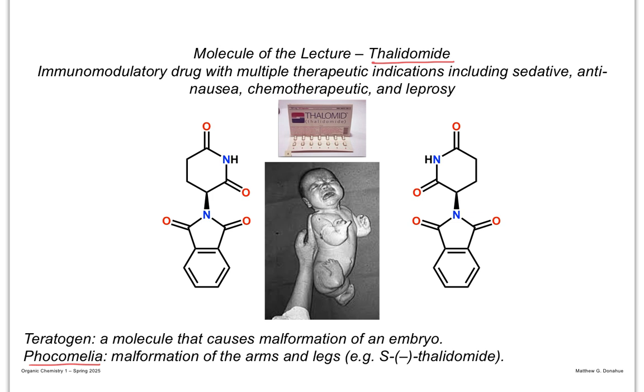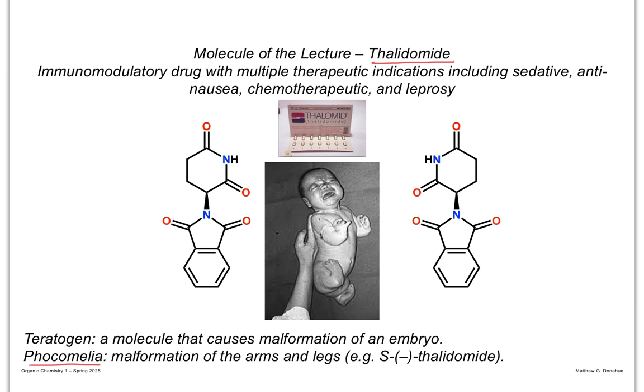Based on many studies, they pinpointed the exact time in fetal development when this happens, between days 28 and 32 or so. So early on in the pregnancy, this molecule was causing this effect.